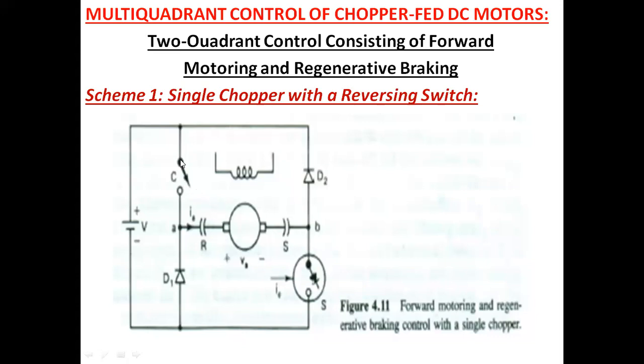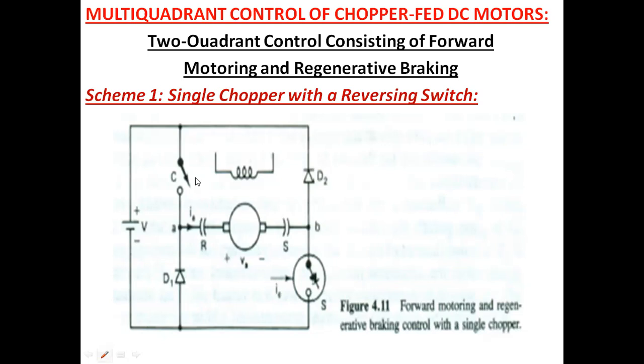So B will be positive and A will be negative. The armature current will flow from the motor through switch S and D1, and again to the motor, so the current flows through this loop.